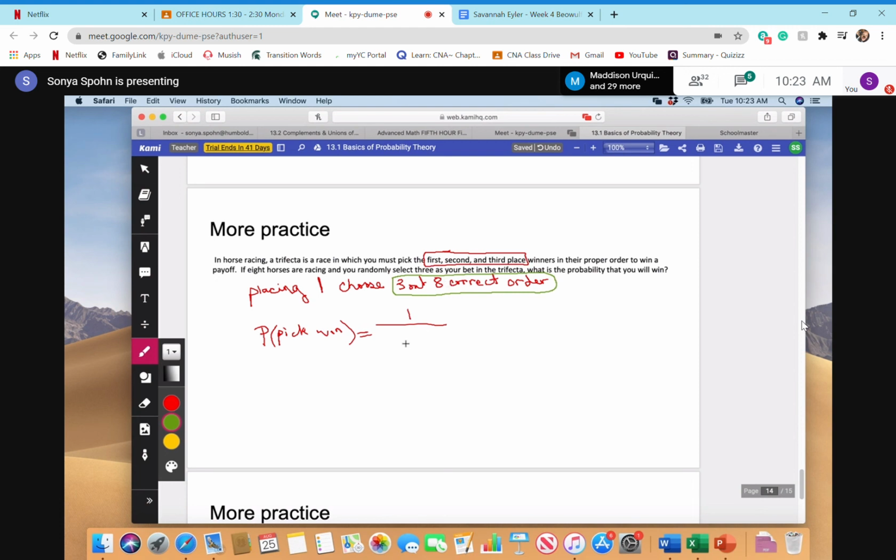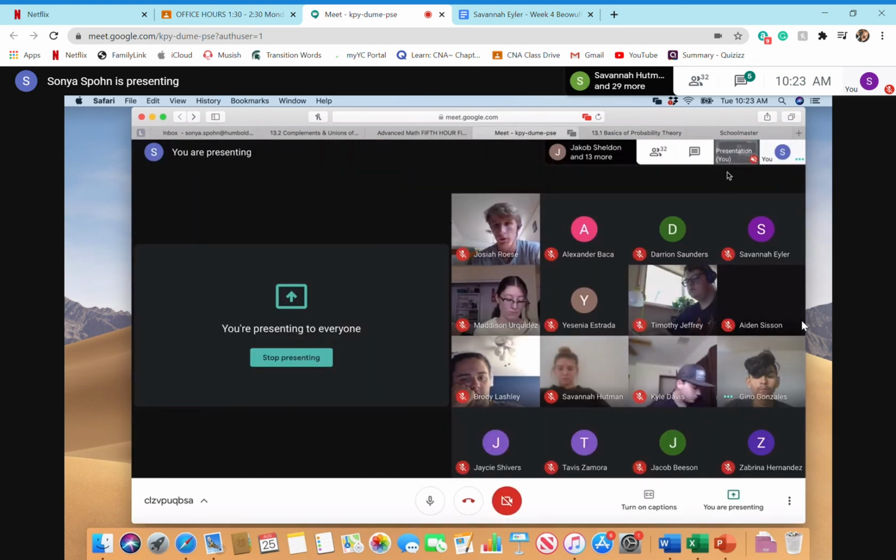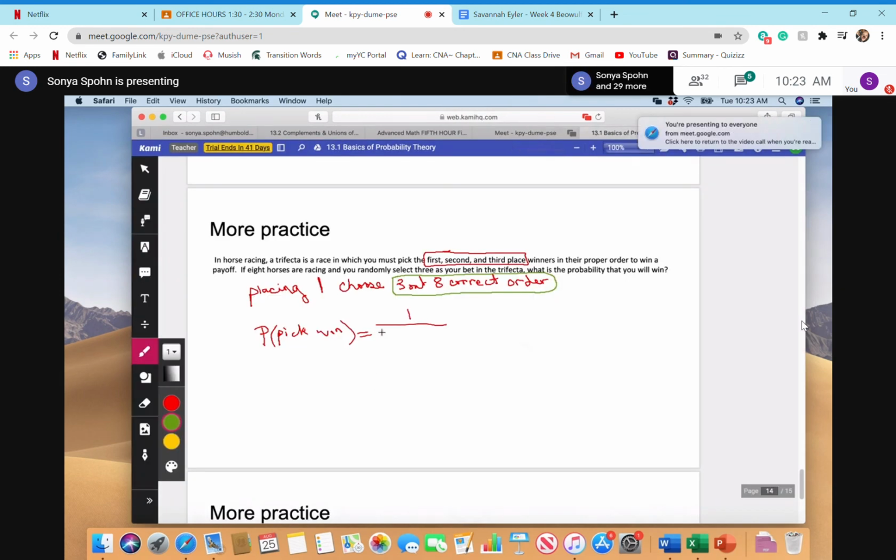Think of last chapter. If order is important, it's going to be a what? Did anybody say it? Permutation, or something like that. Yeah, the permutation. So the bottom is going to be permutation 8-3.